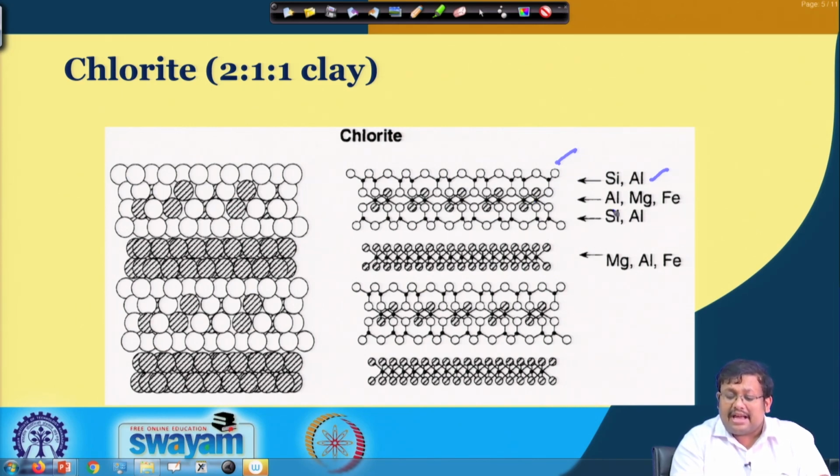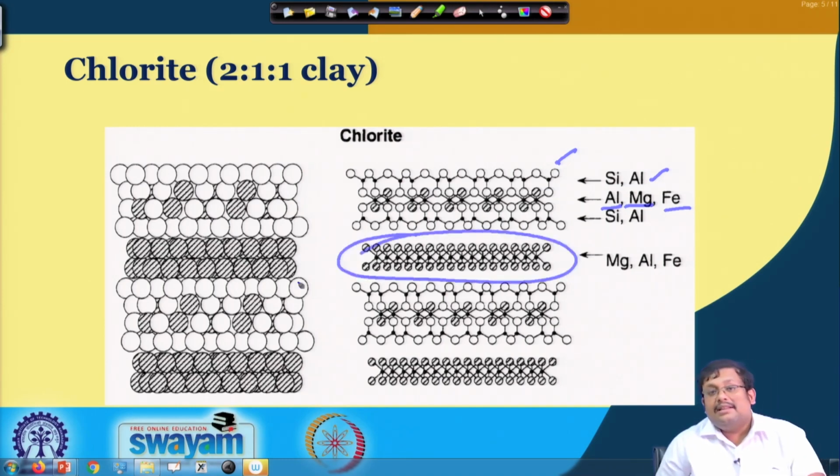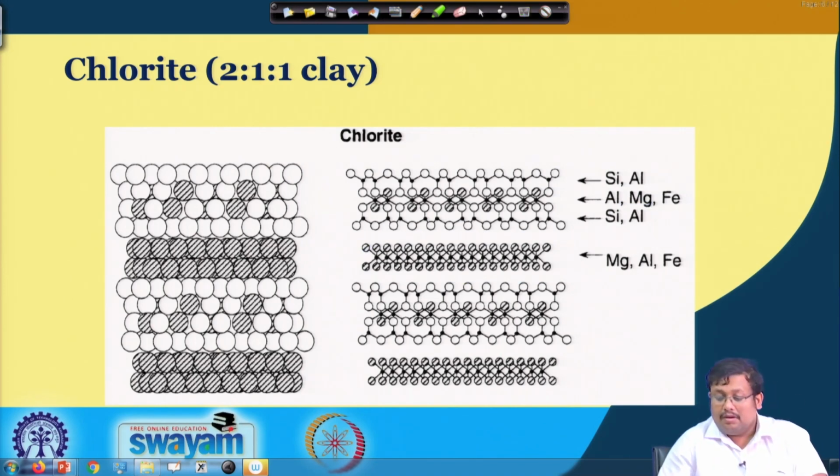In the octahedral sheet, if it is dominated by aluminum, then we call it dioctahedral. If it is dominated by magnesium, then it is trioctahedral, and similarly when it is dominated by Fe2+, it is also trioctahedral. And the interlayer space is basically occupied by this hydroxide interlayer. So, this is how the chlorite structure will look. Okay.